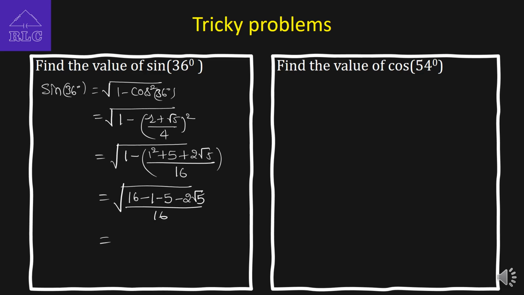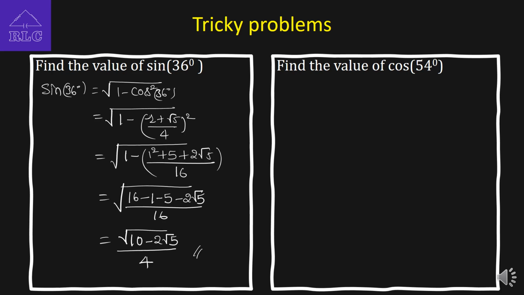Okay, so finally we will get root of 10 minus 2 root 5 divided by root 16, which is 4, which is the value of sin 36 degrees.